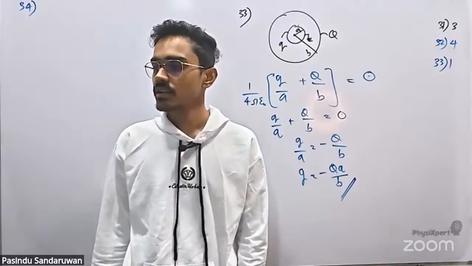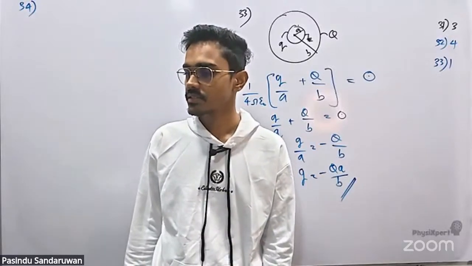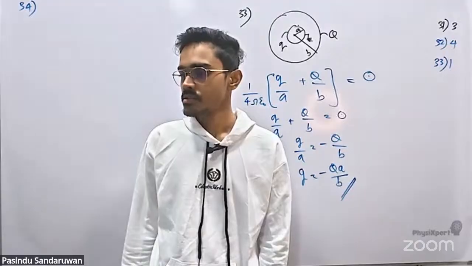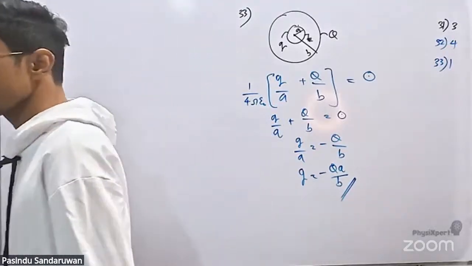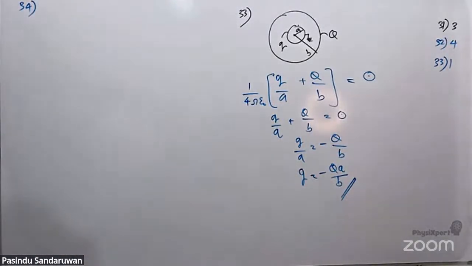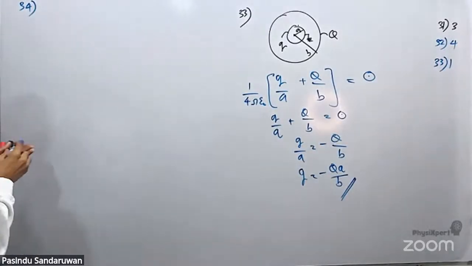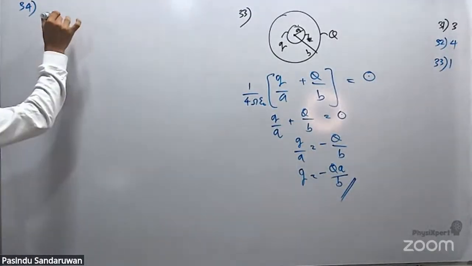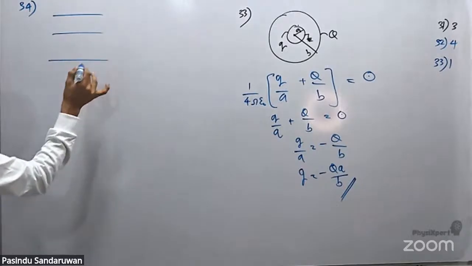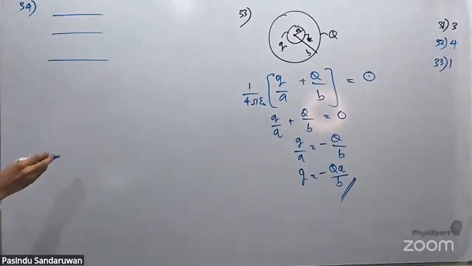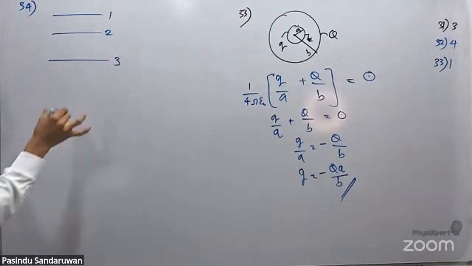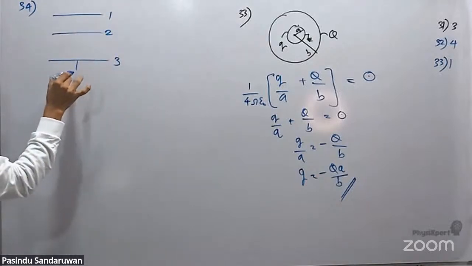The potential of the middle plate is, right? So this is the given diagram. This is grounded.